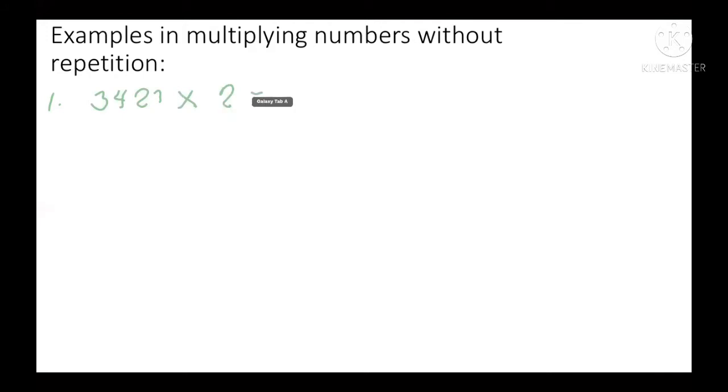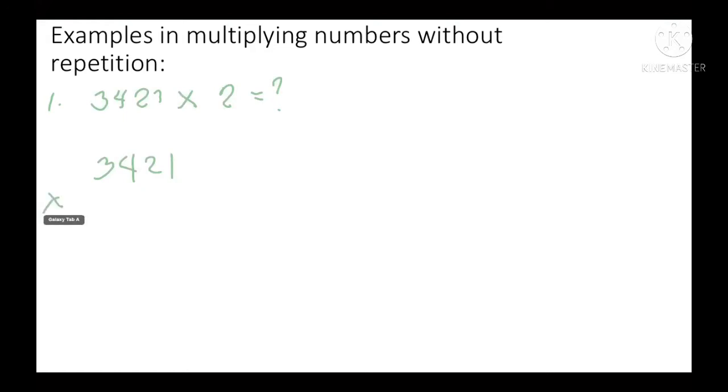So what will be the answer? Okay, the first step is we need to organize our problem, right? So we will put it here. The first number will be right here, 3,421.